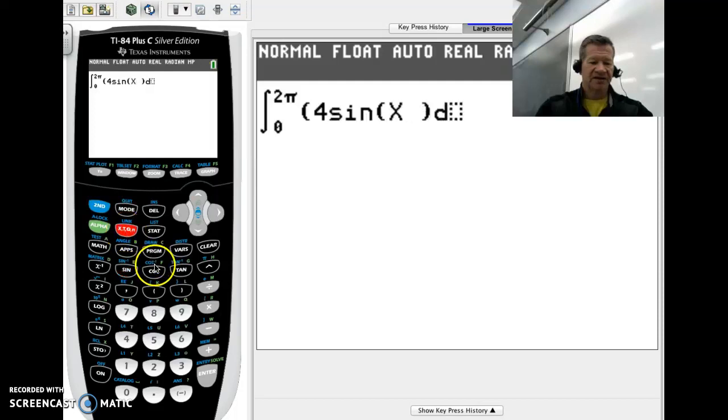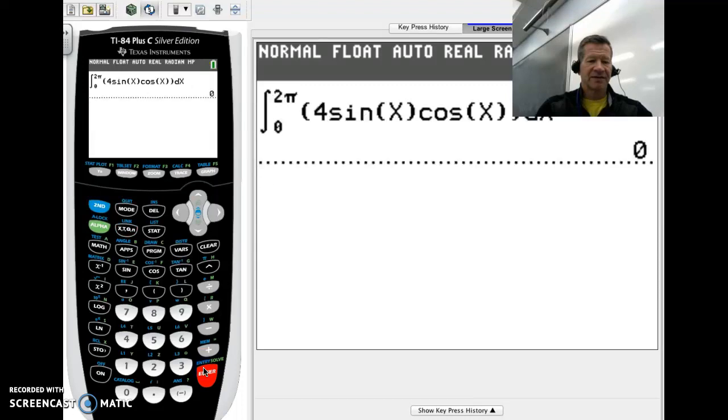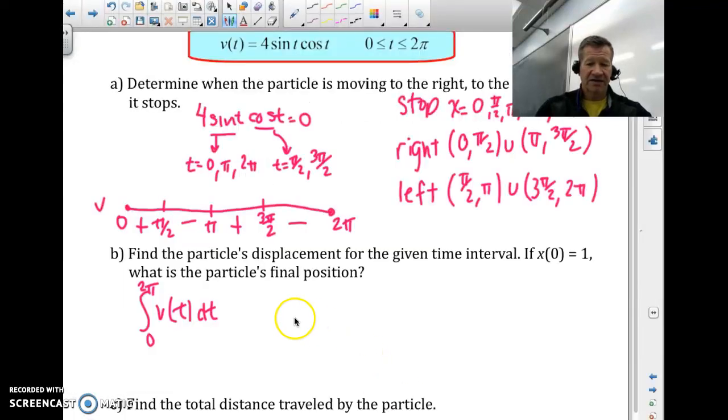I have to put in x's instead of t's, obviously, with respect to x, and I find my displacement is 0. How about that? Which means the area above the axis must equal the area below the axis. So if x of 0 is 1, the final position will be 1 because its displacement was 0.